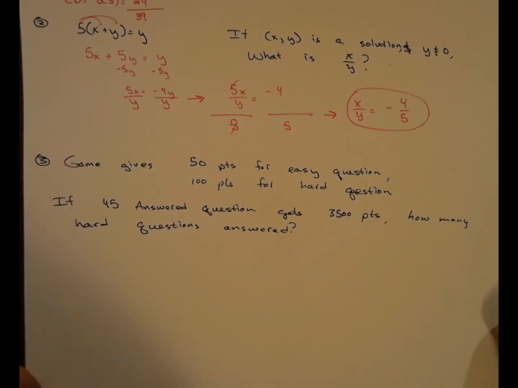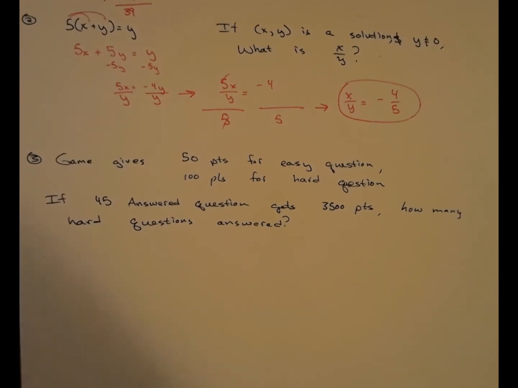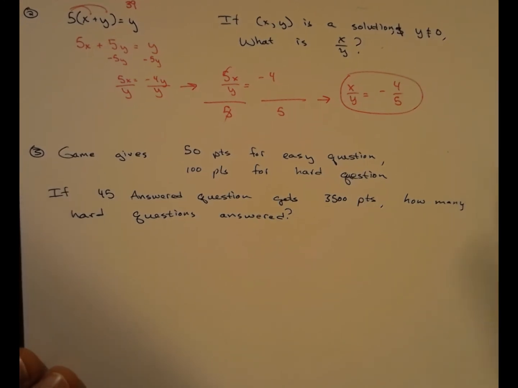Alright, the last one from this first little set was using a word problem to write a system and then solve that system. I'll paraphrase the question; I made my own numbers, but it's from that SAT review assessment we did.